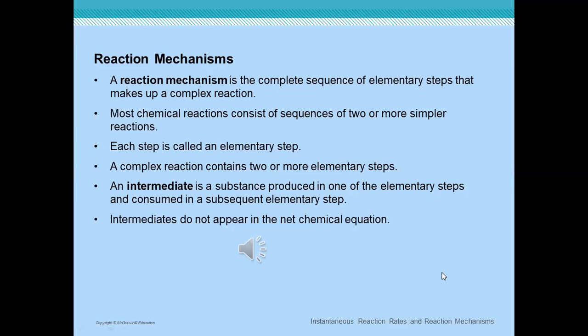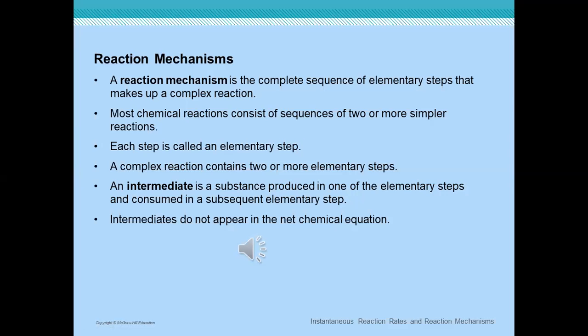Reaction mechanism. A reaction mechanism is the complete sequence of elementary steps that makes up a complex reaction. Most chemical reactions consist of a sequence of two or more simple reactions.